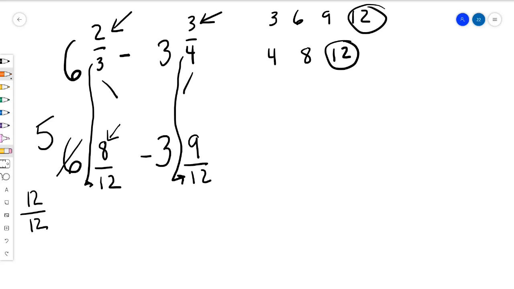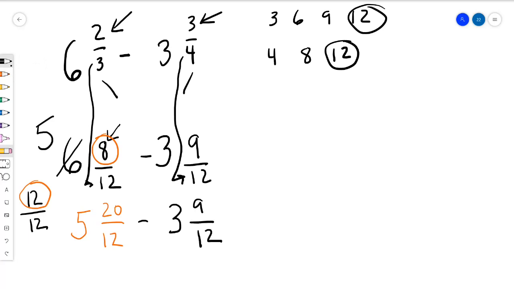Let's rewrite this. So I now have 5. I'm going to add 12 to 8, 20, and my denominator stays the same. Okay, minus my 3 and 9/12. Now I have this in a format I can simply subtract.